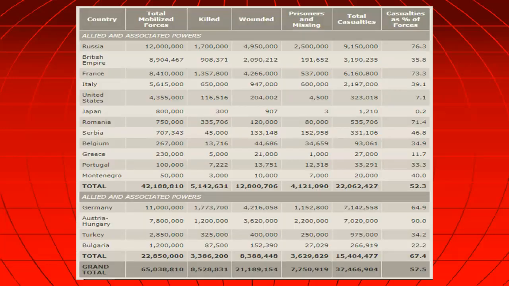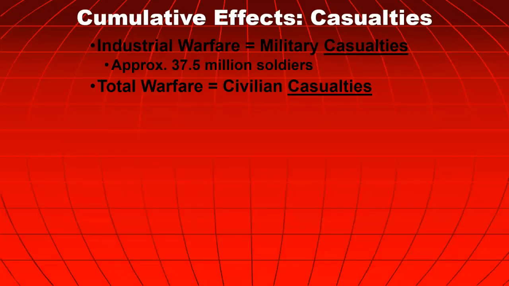If you remember this chart from the previous video, the casualty numbers are just astounding. I mean, 37.466 million casualties. So the scale is just far greater, especially when you consider, almost 60% of all of the men end up as casualties. So this is a cumulative effect of the industrial warfare.